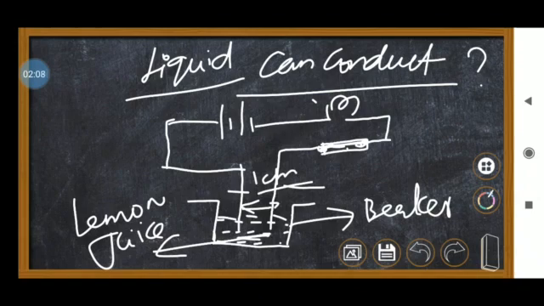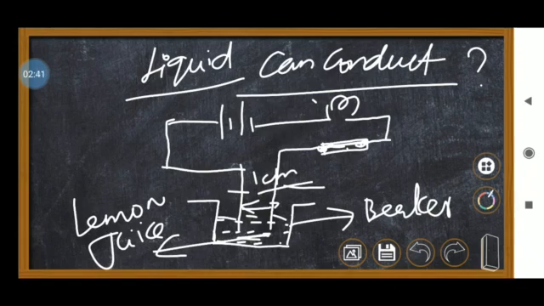In between that gap there will be some ions moving, some movement of electrons, so that the circuit is completed. But we are not connecting directly; instead we keep a distance of 1 centimeter. Despite the distance, there will be some transfer of ions and electrons, so that only the bulb is glowing.